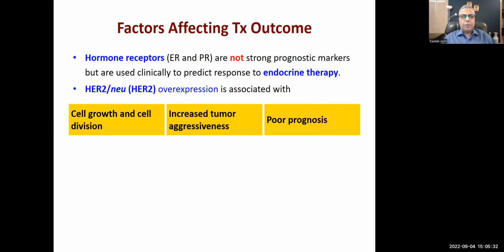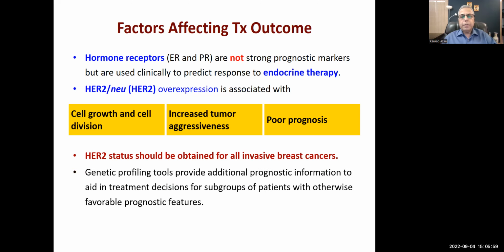So presence of HER2 receptor or overexpression of HER2 receptor, they promote cell growth and cell division, they increase tumor aggressiveness, and they have a poor prognosis, okay? And HER2 receptor has to be obtained in all cases. When the patient comes to you with breast cancer, you diagnose that. So you have to do an evaluation of the HER2 receptors.